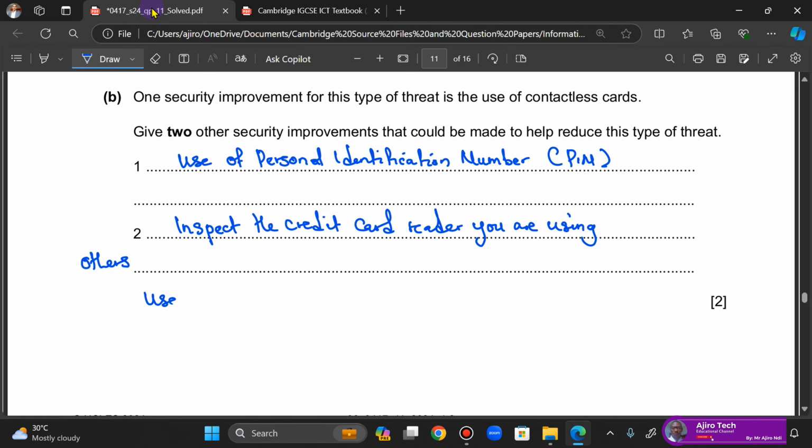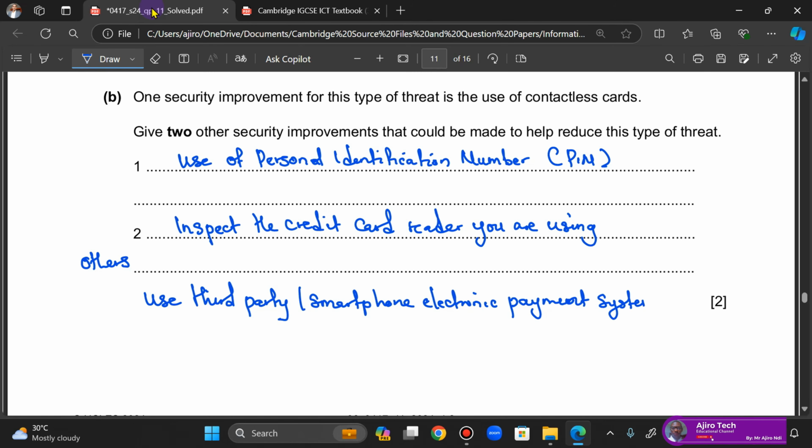You can use a third-party or smart electronic payment system.